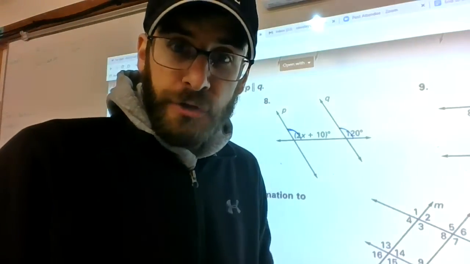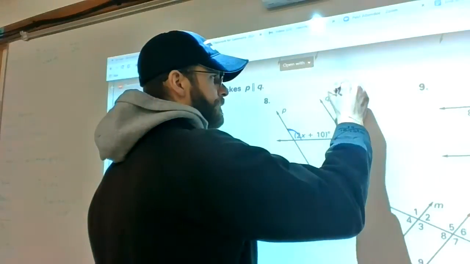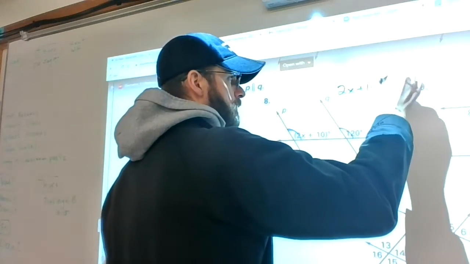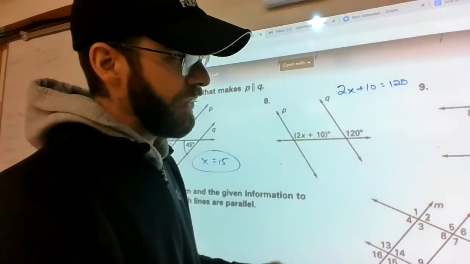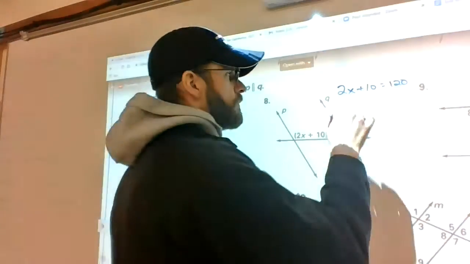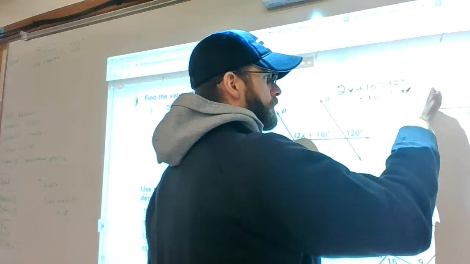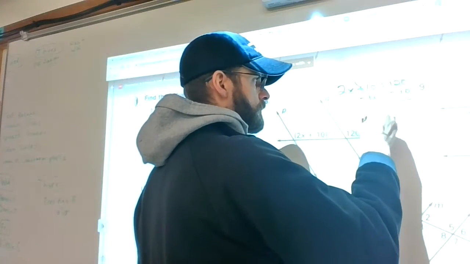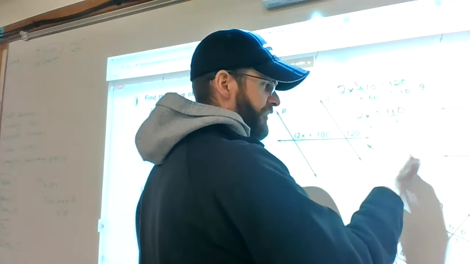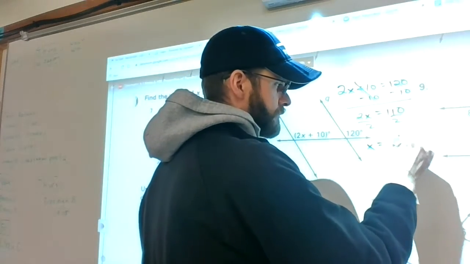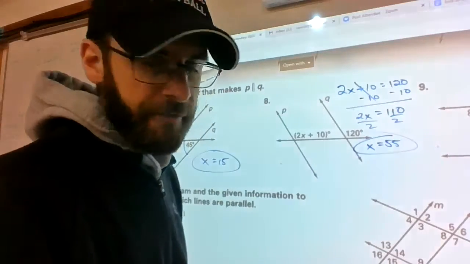So corresponding angles are congruent, so you're just setting those equal to each other and solving that equation the best way you know how. X equals 55.